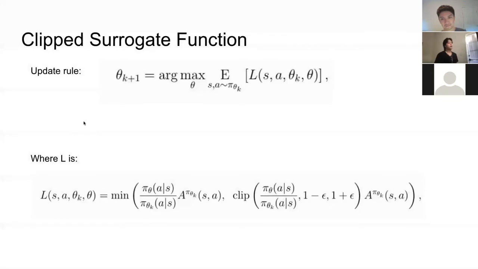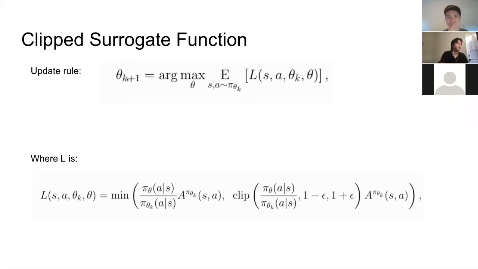Now, looking at the first thing, it's a clipped surrogate function. Like with any sort of deep learning thing, we always have an update rule. And in this case, this is the definition of the update rule, where theta is the parameters of our network, all the little weights and biases, represented by this variable called theta.